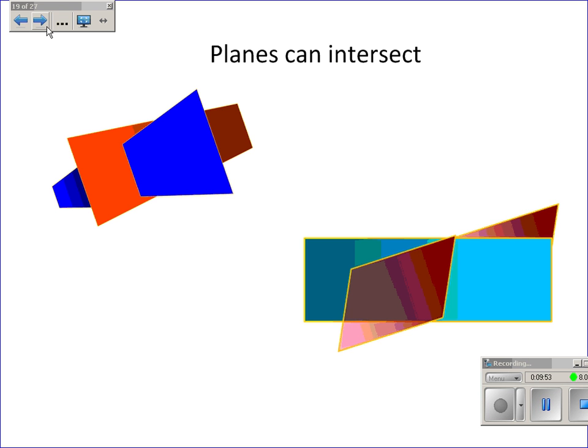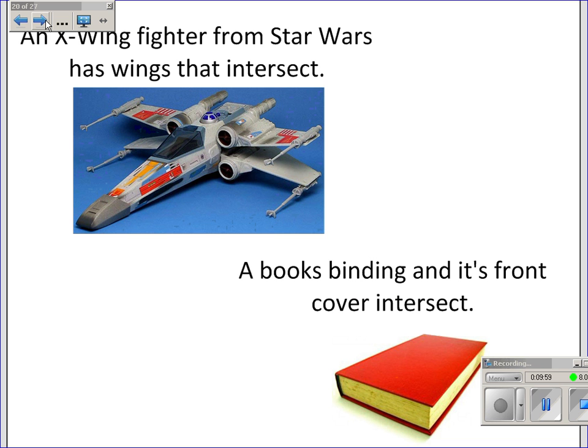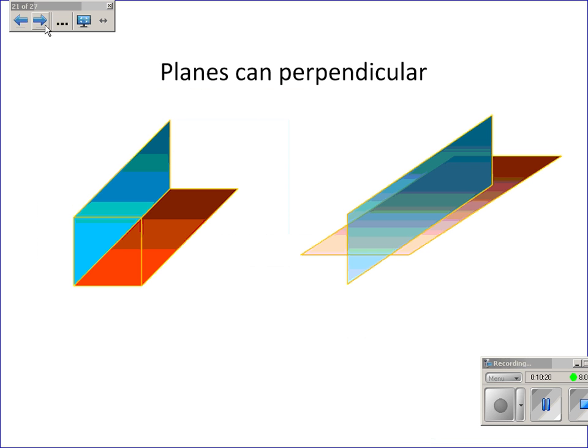Now planes can intersect. For example, an X-wing fighter from Star Wars has wings that intersect. So these wings right here intersect. Also, a book's binding and its front cover intersect right along that edge. Planes can also be perpendicular, so they intersect at 90 degrees.